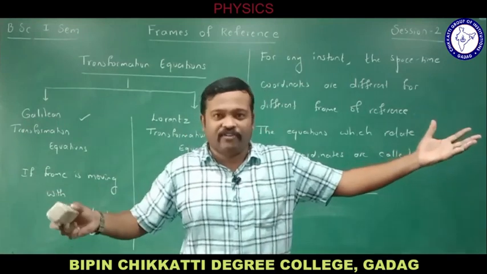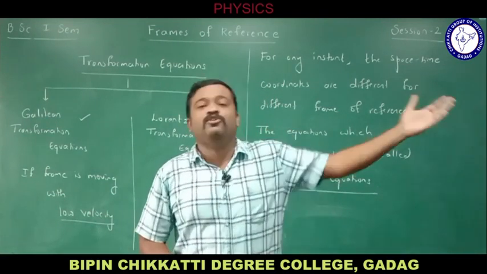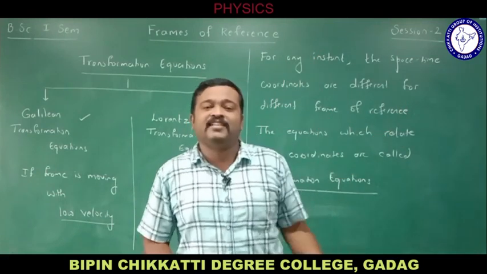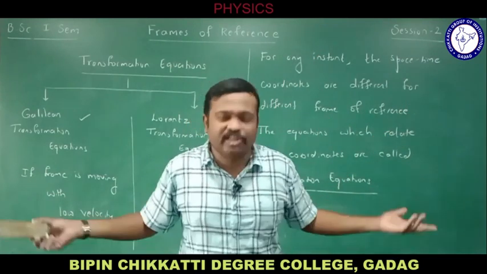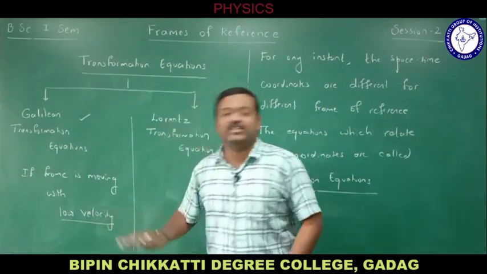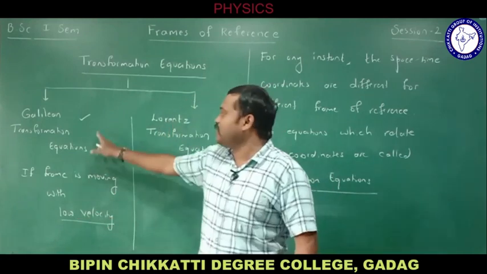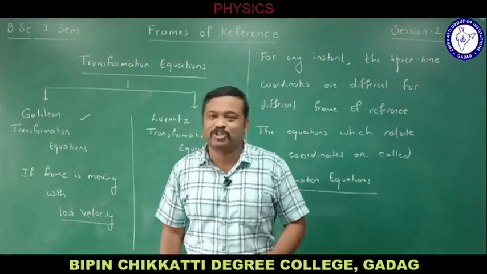If a car is moving, in the car itself we consider the x-axis, y-axis and z-axis. If the car is moving with a velocity very small compared to the speed of light, and in day-to-day life the velocities we see are low velocities, then we consider Galilean transformation equations.